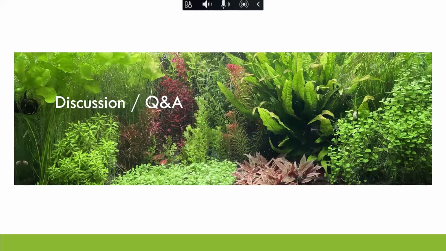Meanwhile, something like rotalas, if you have high nitrate, all of a sudden they're starting to twist and turn, and you're like, what is going on with that plant? It's because your nitrates are too high. If your nitrates are really low, you're like, wow, my rotalas are gorgeous. They're bright red. They're beautiful. Maybe I need to add more nitrate into this thing, right? So there are some indicator plants that you can use.